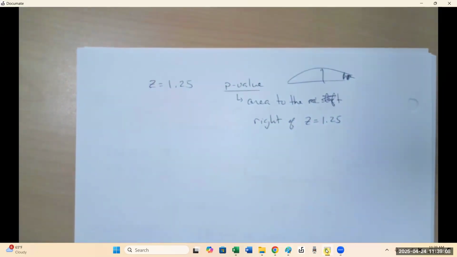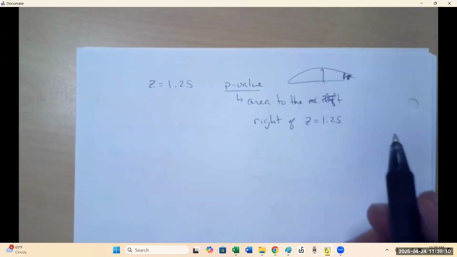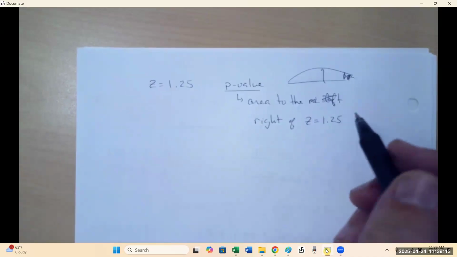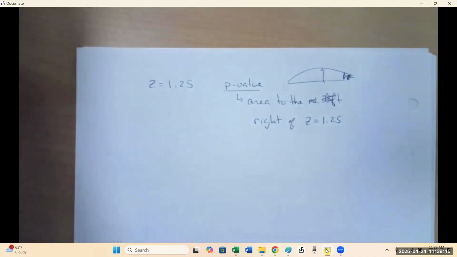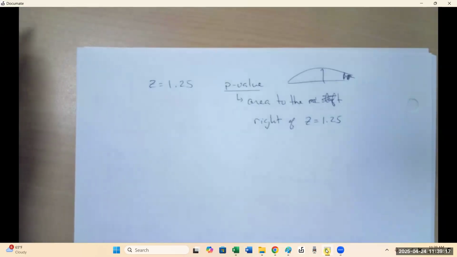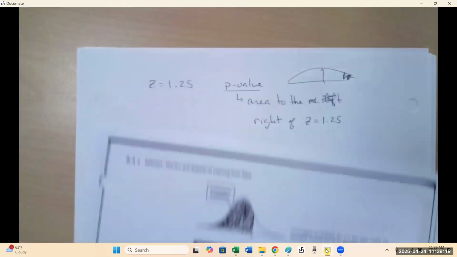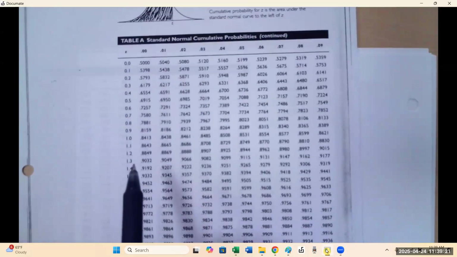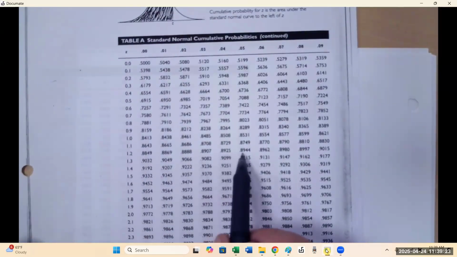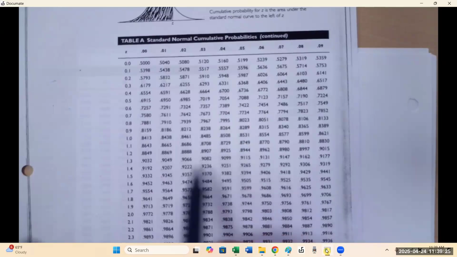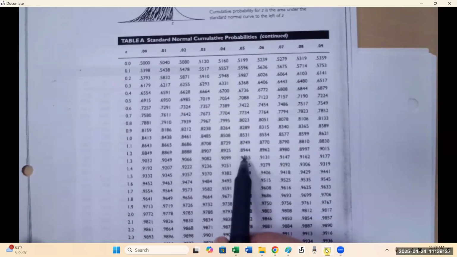So how do we find that area? We have to go to 1.25, which is 0.8944.